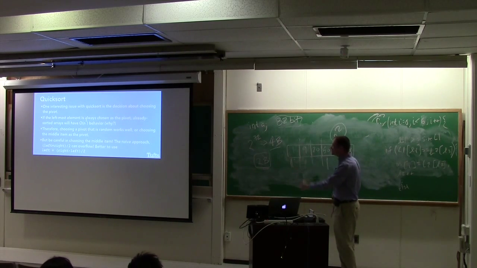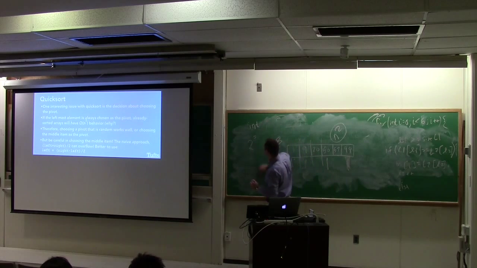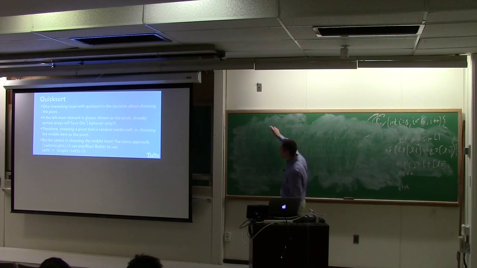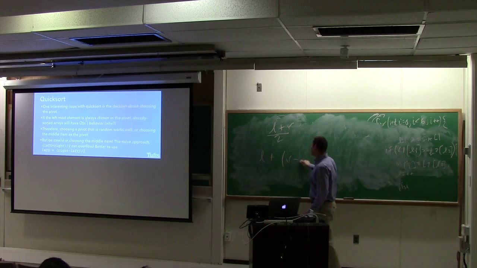So what you can do instead is just a little trick. And computer scientists are full of these little tricks. Instead of saying left plus right divided by 2, you can say left plus (right minus left) divided by 2.